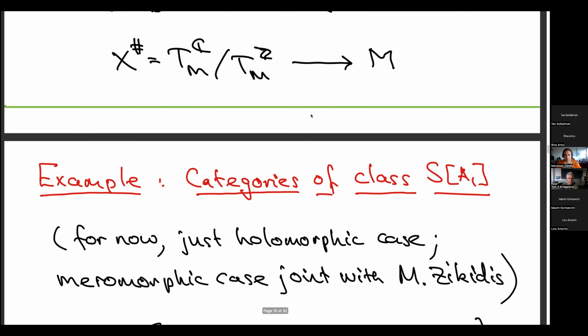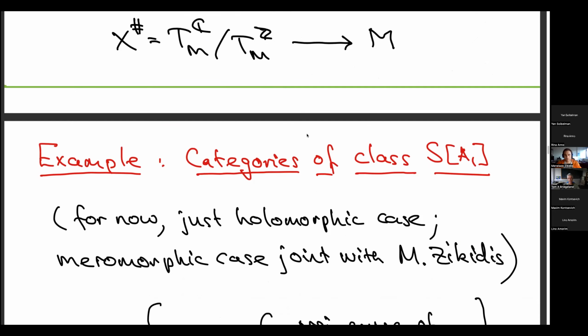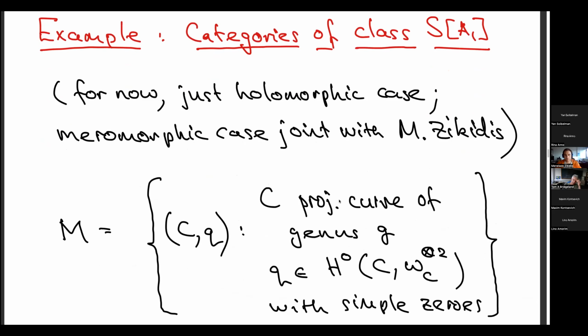If not, let me talk about some examples. Well, the only real class of examples I know, in fact. The base of these structures is going to be a space of quadratic differentials. So it's going to be a space parameterizing complex curves equipped with a quadratic differential with simple zeros.